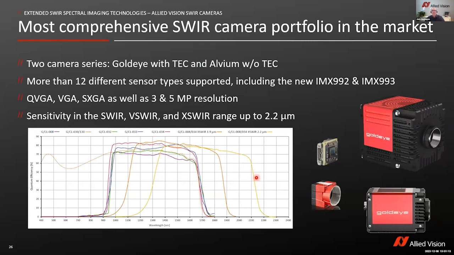And we also support the new IMX992 from Sony. And we are supporting resolutions from QVGA up to 5 megapixel. And all these sensors are sensitive in the SWIR, as well as in the eXtended spectral range.